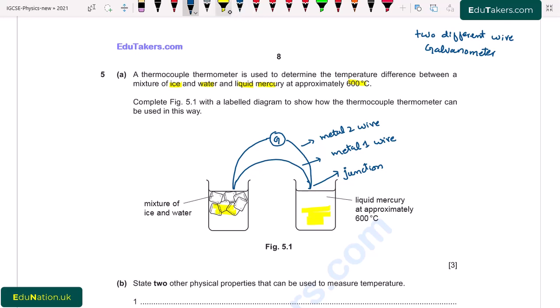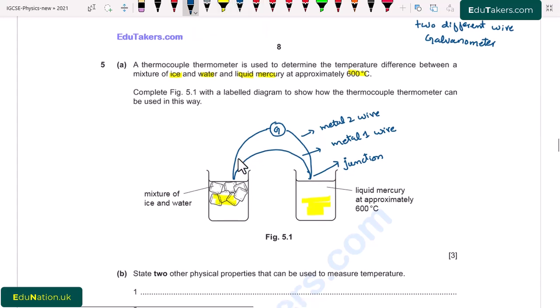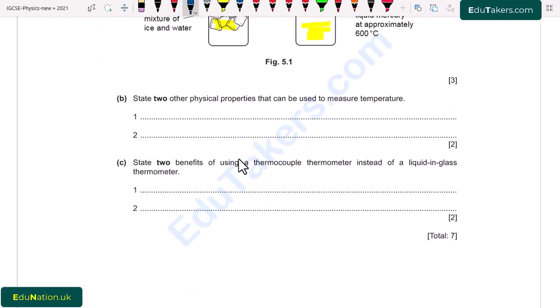Part B. State 2 other physical properties that can be used to measure temperature. So we have to state the other physical properties that can also be used to measure temperature. So first of all is expansion of liquid, for example as in a liquid in glass thermometer. So I write here expansion of liquid.